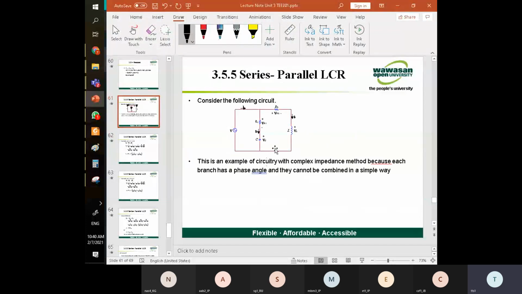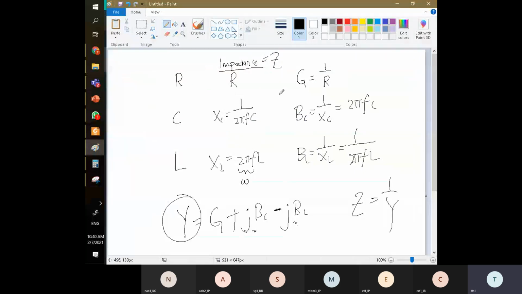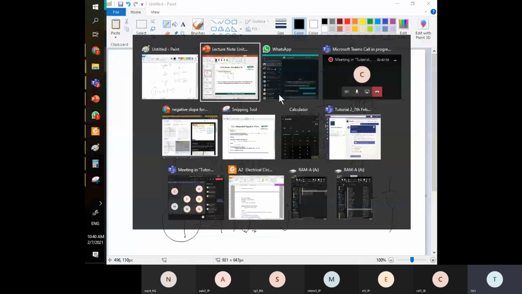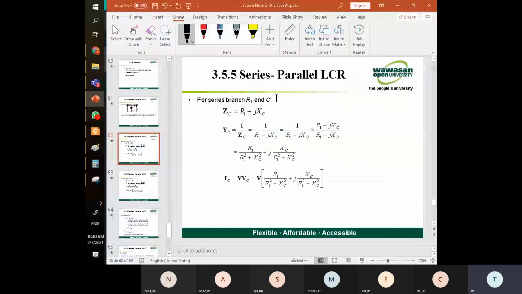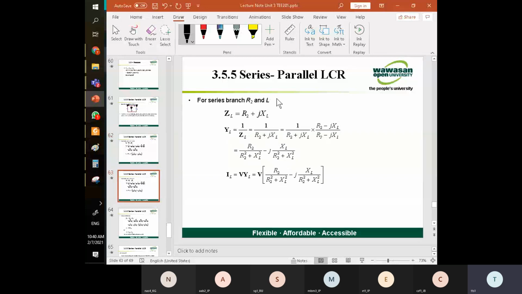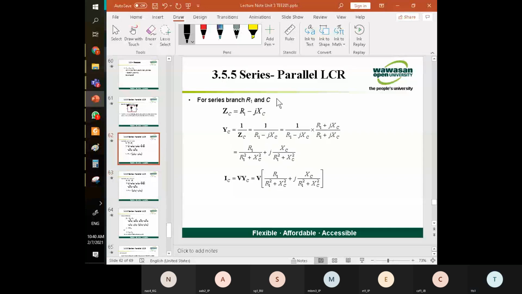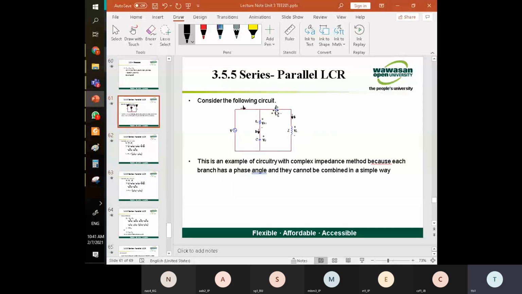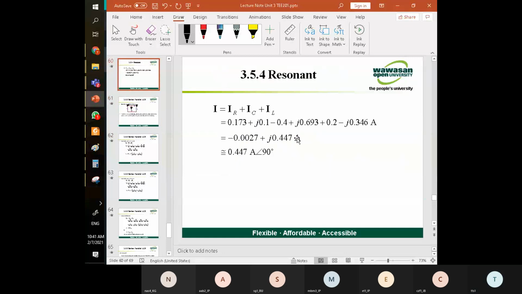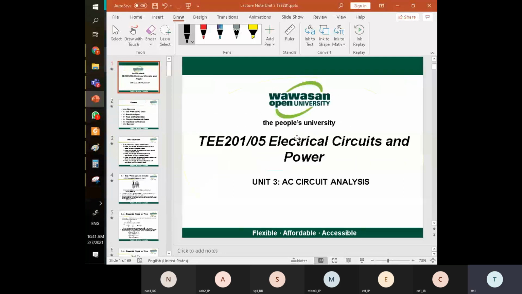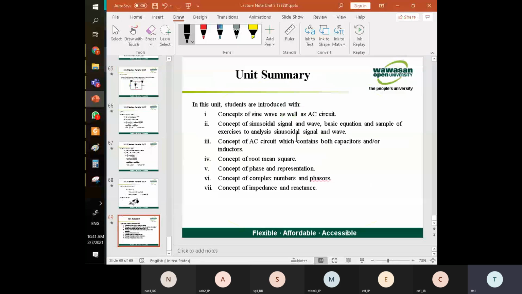This is the formula for this branch. And then for the other branch, in series here, the L now becomes positive.